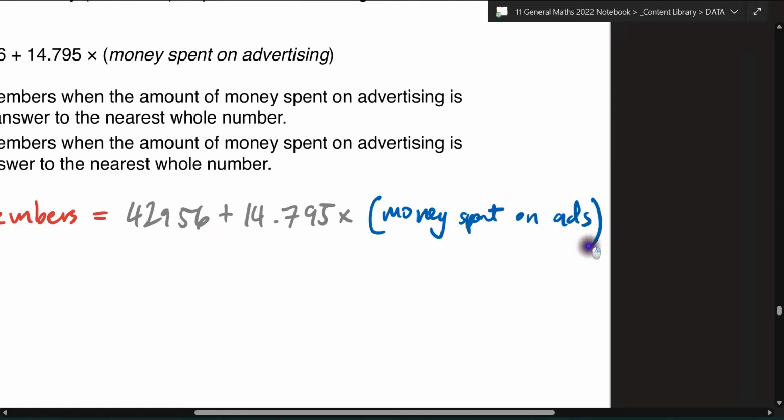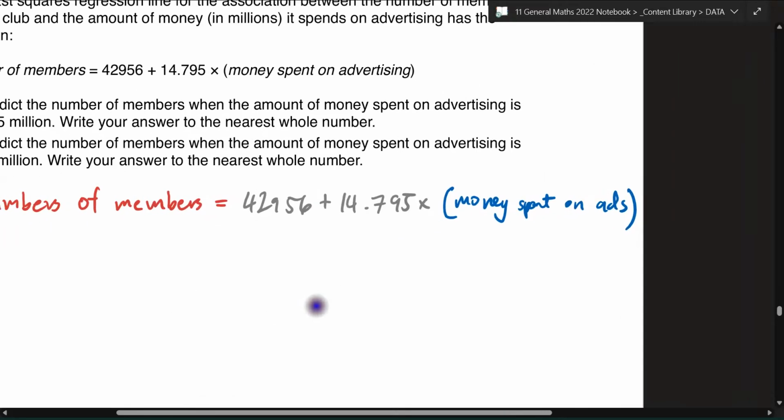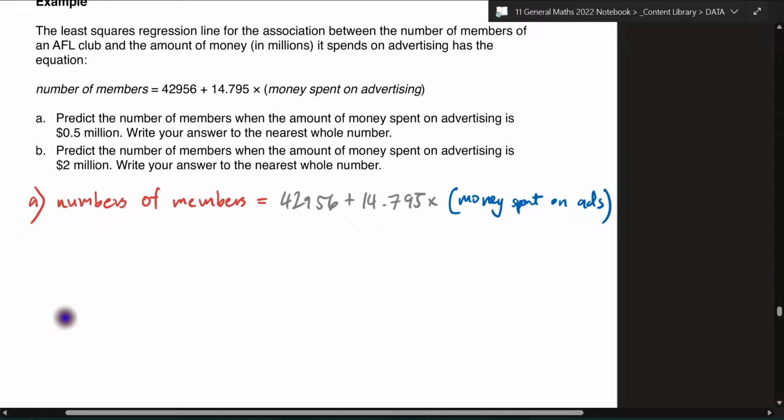I'm just going to go ads so it fits. Right, so what we're trying to do here is make that prediction. So if advertising is going to be 0.5 mil, what's the number of members going to be?